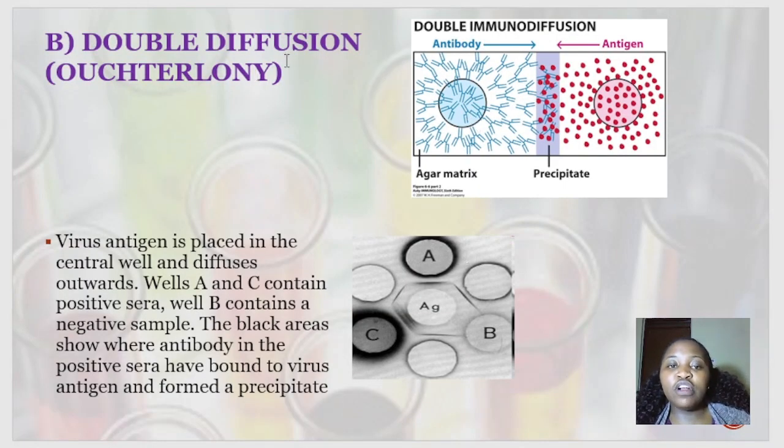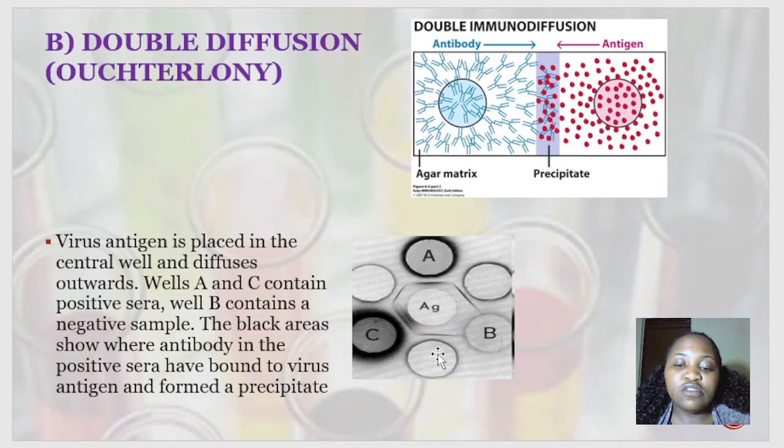We have what we call double diffusion or Ouchterlony, which is similar to what we have seen before. What happens is that now you are doing it in twos or multiple. The virus antigen is still placed within the well, but a central well in this case, so that here you have your viral antigen, for example.